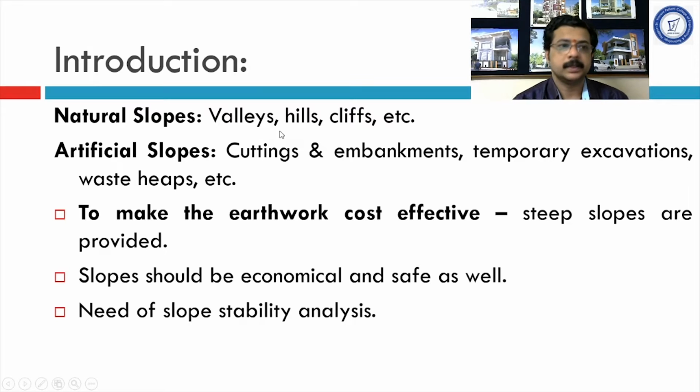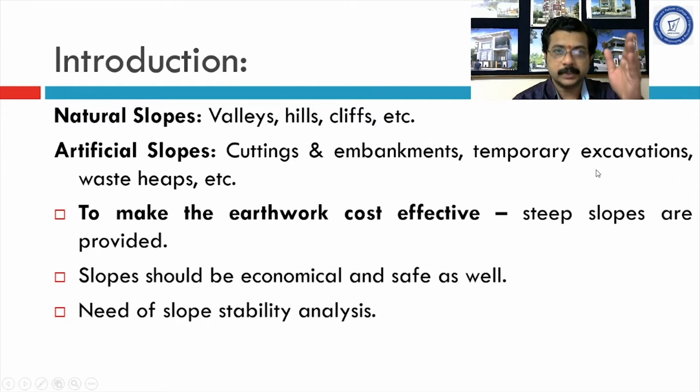Natural slopes, valleys, hills, cliffs, these will be included in natural slopes. Artificial slopes will include cuttings and embankments which are made for roads, railway tracks or canals. Temporary excavations which are done for foundations, like if we go for construction of a basement, then we have to dig out the soil, maybe 10 feet, 12 feet, 15 feet.